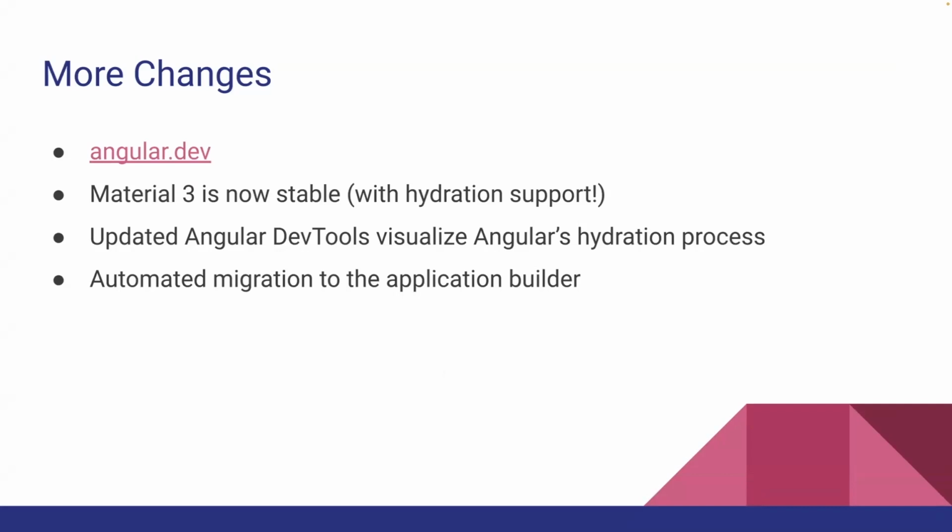We also have the automated migration to the application builder. What that means is in Angular 17, the application builder was stable and enabled by default for new projects. Under the hood, it used Vite and ESBuild to replace the previous Webpack experience.